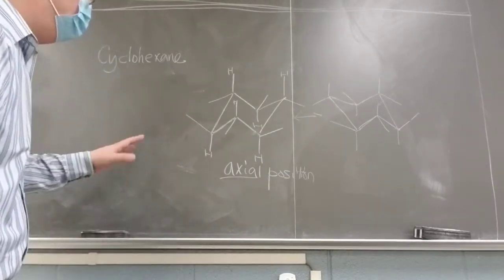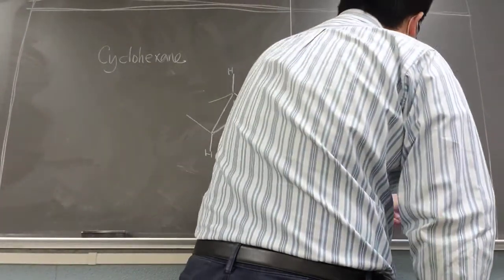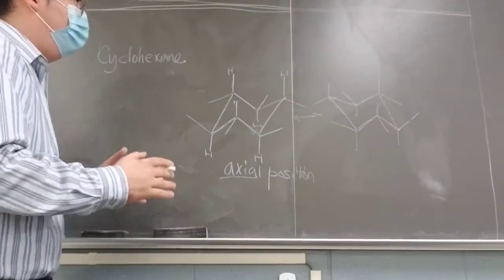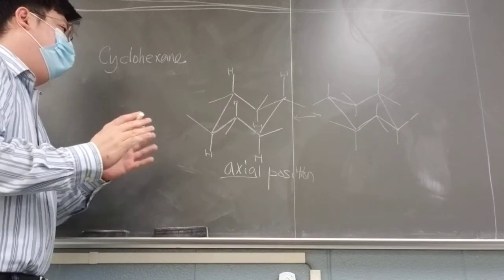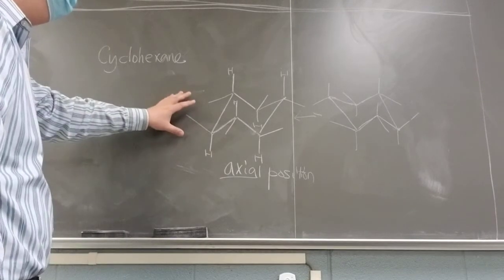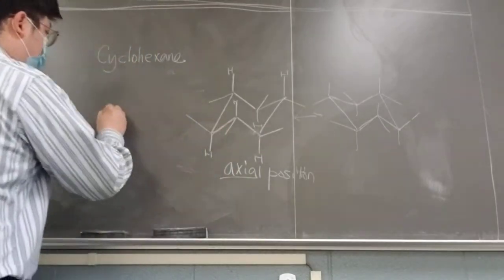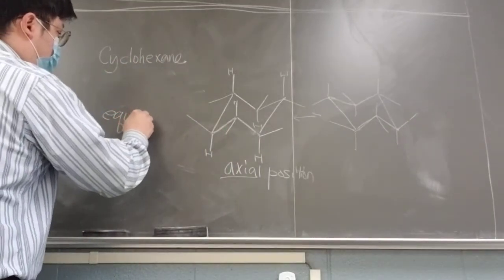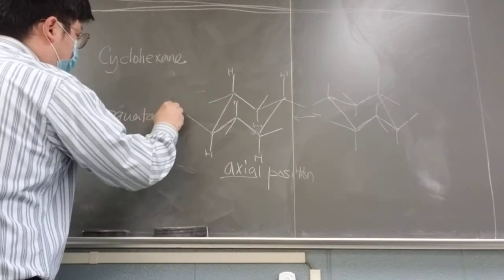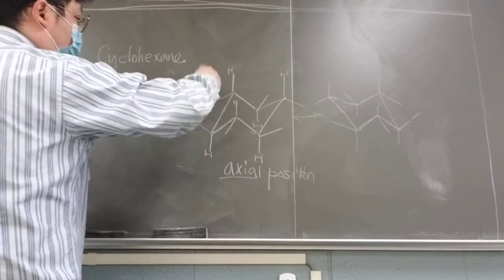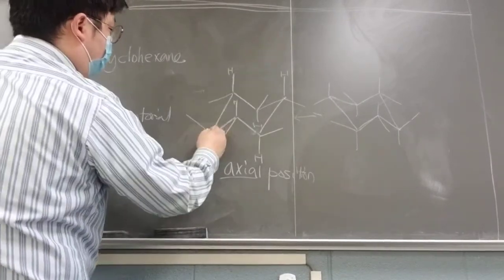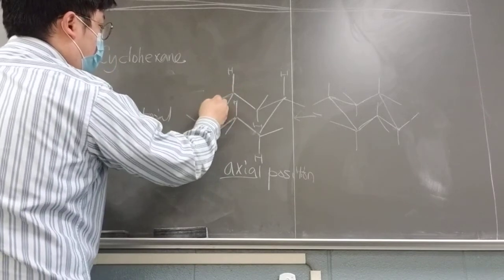Okay. So we'll get to this one more with examples. But this is a kind of good trick you can do when you try to draw all the axial. Oh, and those ones that we call equatorial position, meaning it's not up and down, but more like left to right. Either just slightly up or slightly down.